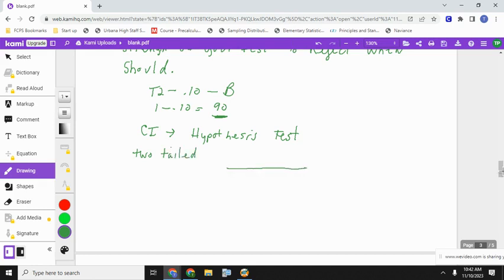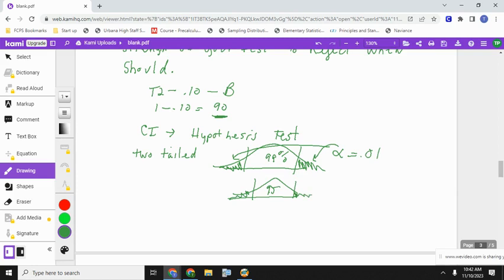So if you do a confidence interval at 99%, that is exactly the same as a two-tailed test with an alpha of 1%. Remember, your alpha is your total shaded area. Okay, so a 95% confidence interval is the same as a two-tailed test at 5%.